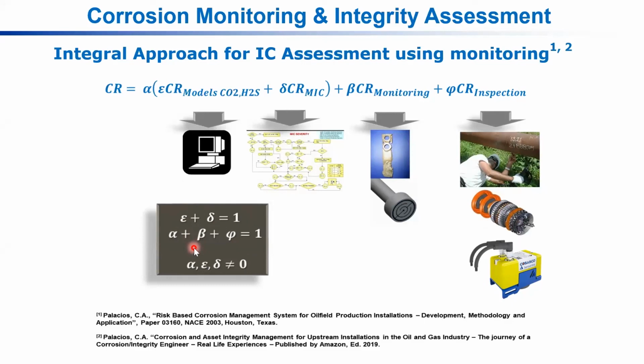If you are using a reliable inspection technique such as an ILI, of course, the weight of an ILI is going to be higher than any of the other ones. In my book, I said alpha is never zero, because alpha will compensate for the errors of any of the techniques that you see out there.